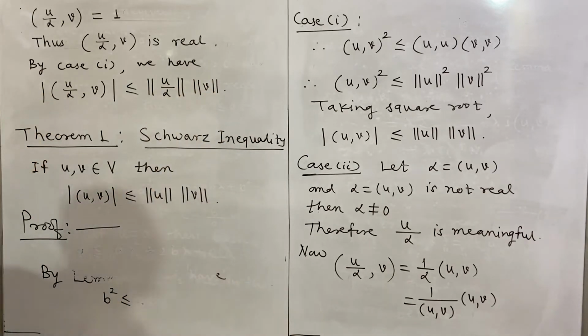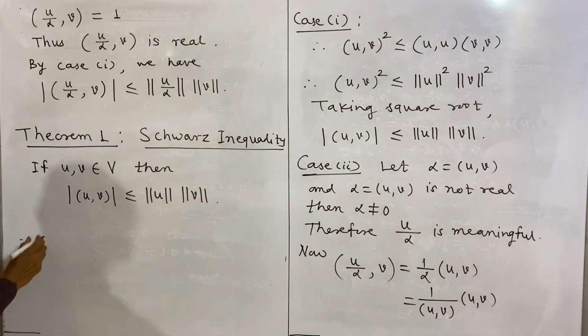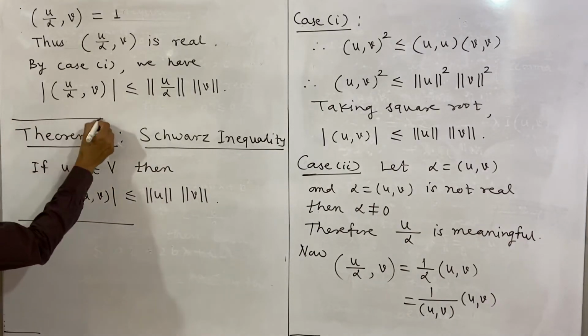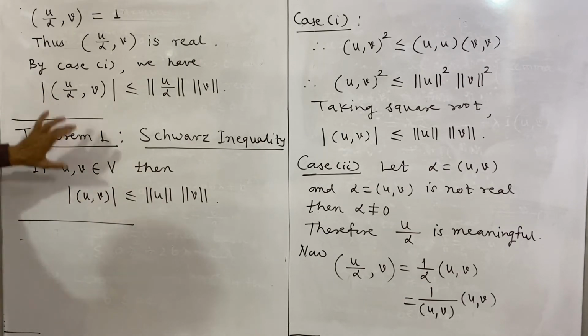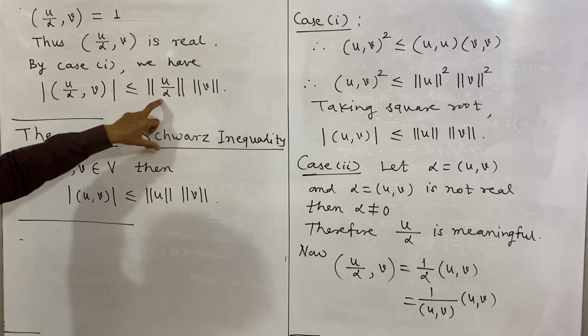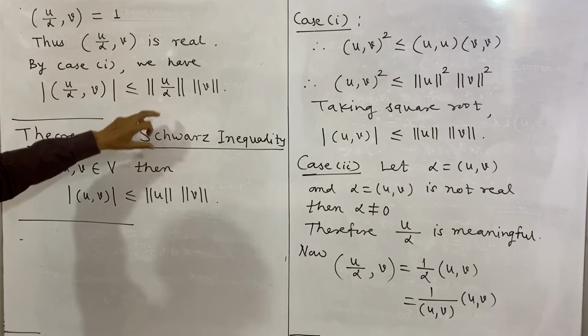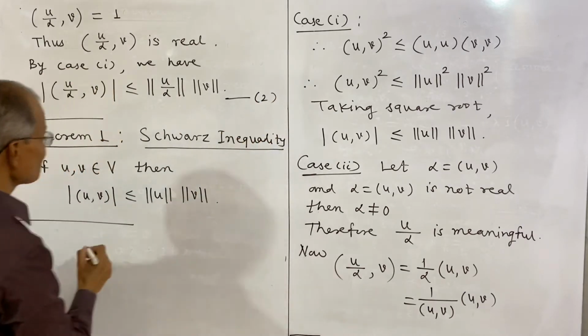This is our statement of the theorem, and I will write the next step of the proof here. Let us see what the norm of u upon alpha is. This is a corollary that we have proved, or we can write it separately as our second result.